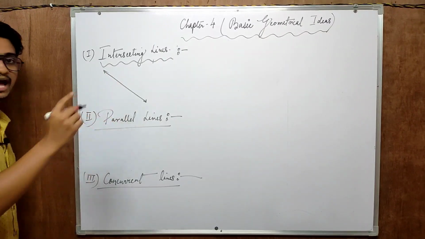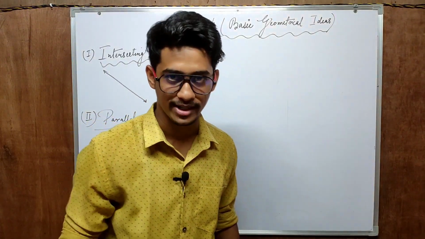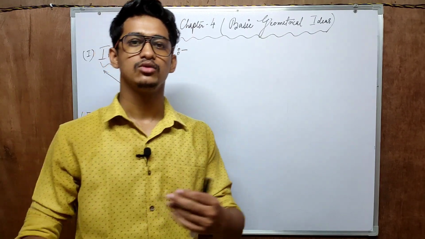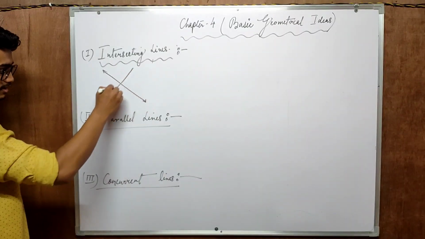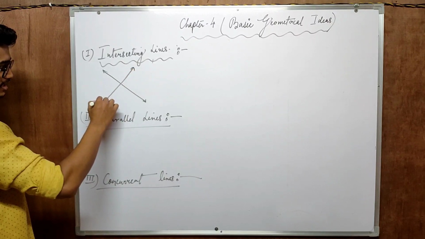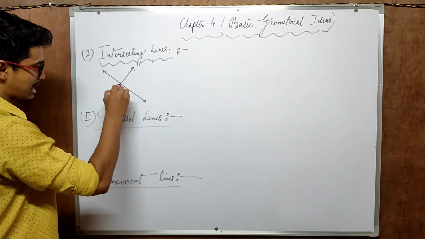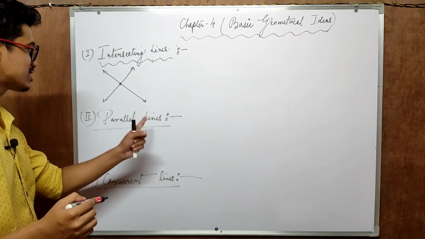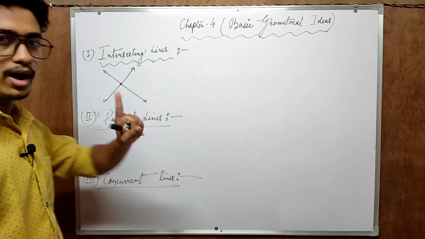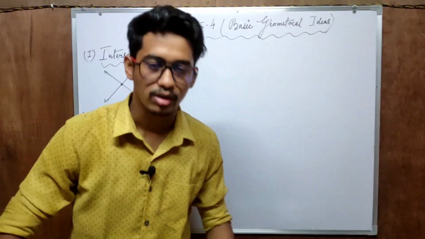When 2 lines have only one common point between them. Let's say these 2 lines are being cut at this particular point. So these 2 lines have one common point. This type of lines are called intersecting lines.